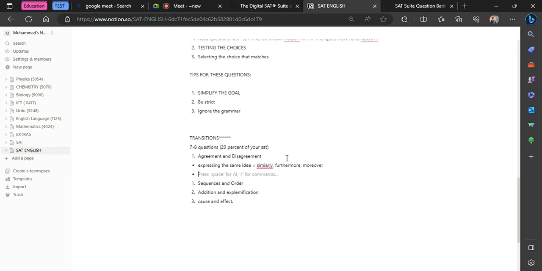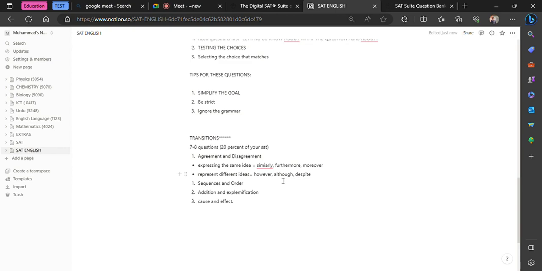Whereas on the other end, if we are going to be having disagreement questions, they represent different ideas. So for this part we can use transitions like however, although, despite. And these types of transitions are going to be used to represent a different idea, right?